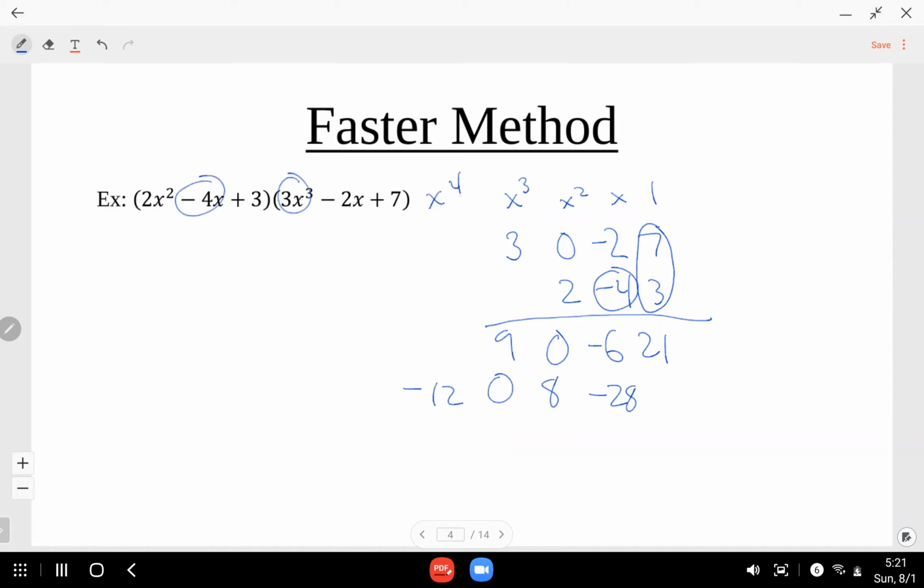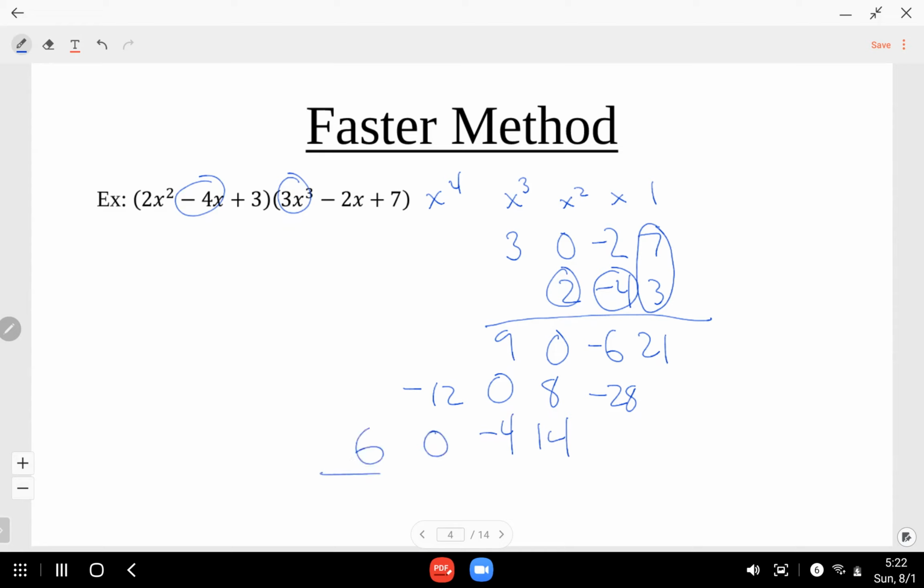And then you're moving on to 2, and that's in the x squared column, so everything goes up 2 columns. So 2 times 7, that's going to be 14. 2 times -2 is -4, and then 0, and then 6.